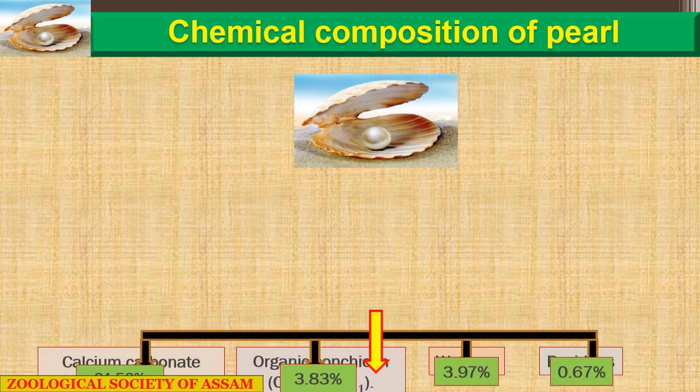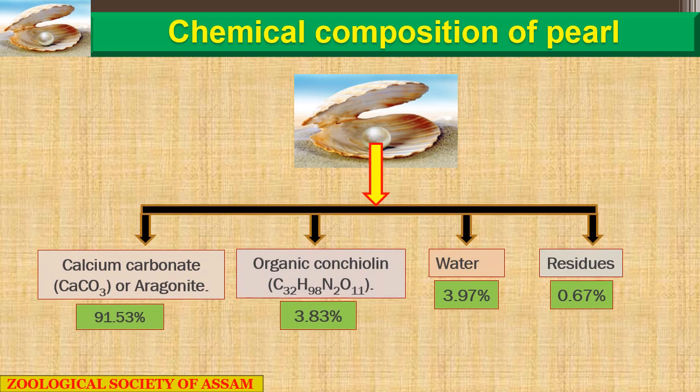Chemical composition of pearl. Chemically, the pearl is composed of 91.53% calcium carbonate or aragonite, 3.83% organic matrix called conchiolin, which is a cementing substance.